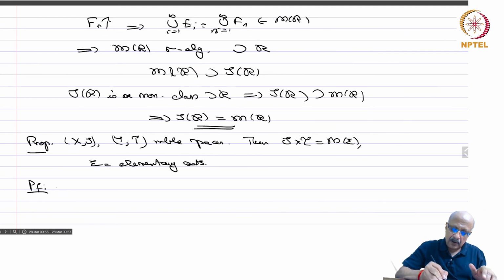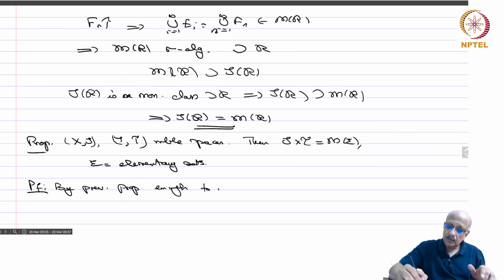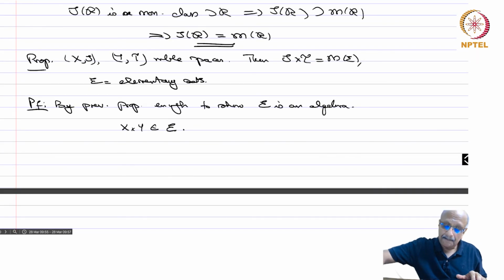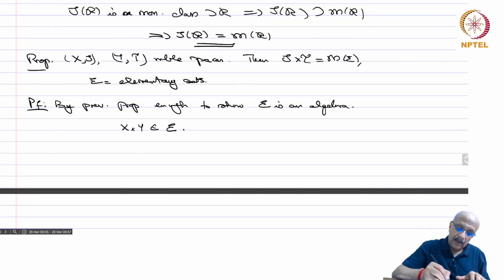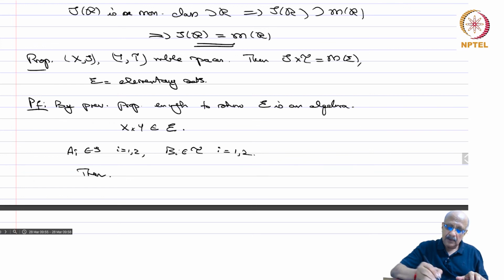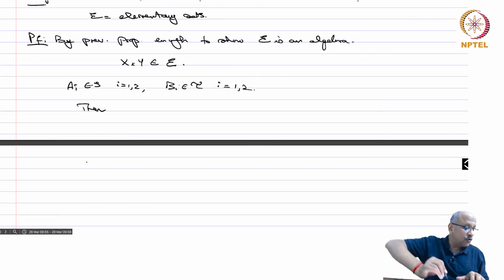Okay, so proof: by the previous proposition, it is enough to show E is an algebra. So of course X cross Y is a measurable rectangle, so trivially it belongs to E. And if you have A_i in S, i equals 1, 2, and B_i in T, i equals 1, 2, then this is just some set theory which you should check.